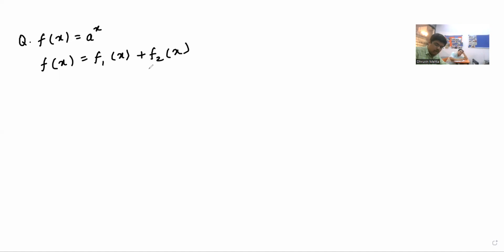So f of x is equal to a raised to x. The question is that f of x is equal to a raised to x can be written as f of x is equal to f1x plus f2x, where f1x is an even function and f2x is an odd function.